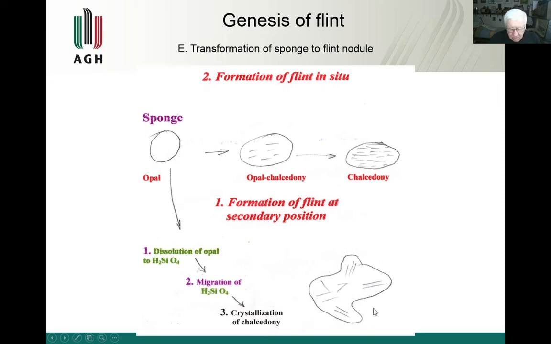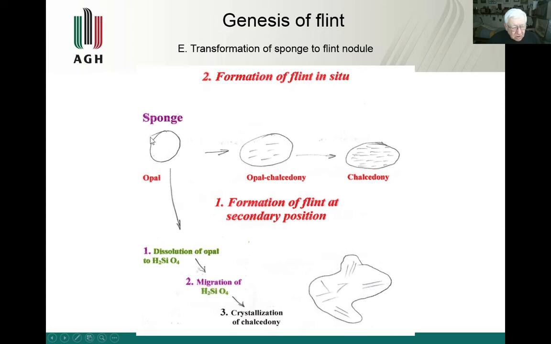There are irregular flints, the shape is shown there, and these flints are crystallizing because of transportation of silica from completely dissolved, damaged sponges into the limestone.